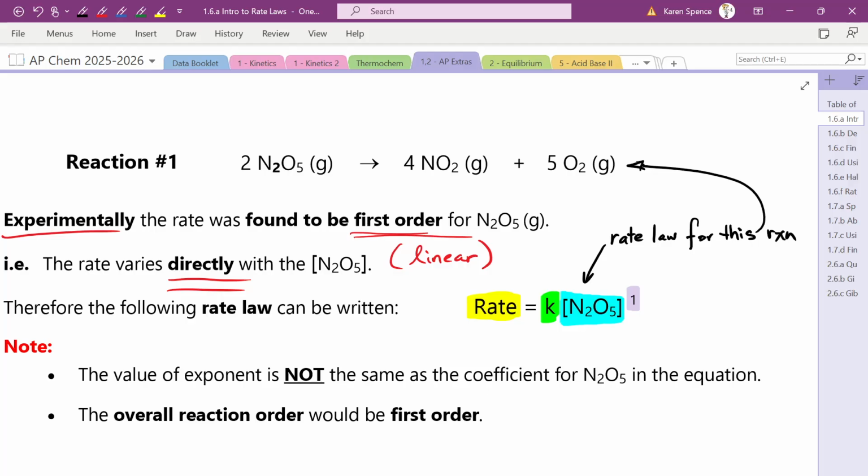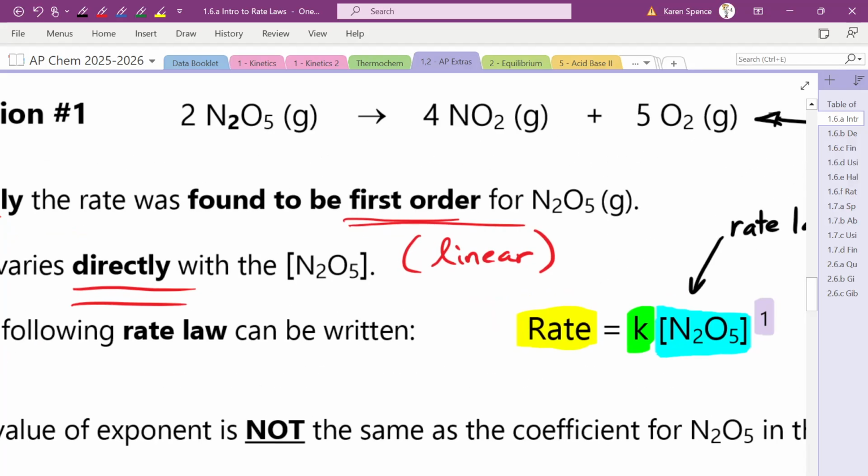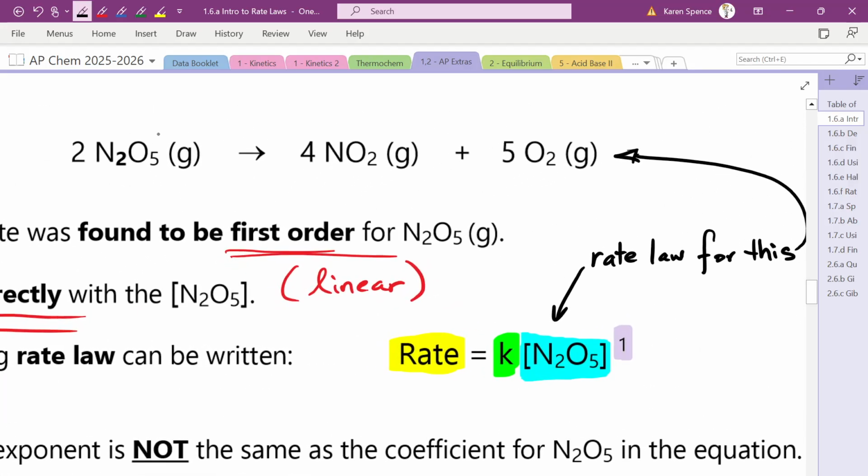Does the rate of a reaction depend upon the concentration of the product? Does increasing concentration of product cause any more collisions between reactant particles? No, so concentration of product does not matter. So in this reaction, we know that it's only going to be dependent on the concentration of N2O5. And the only question then is, what will the exponent be?